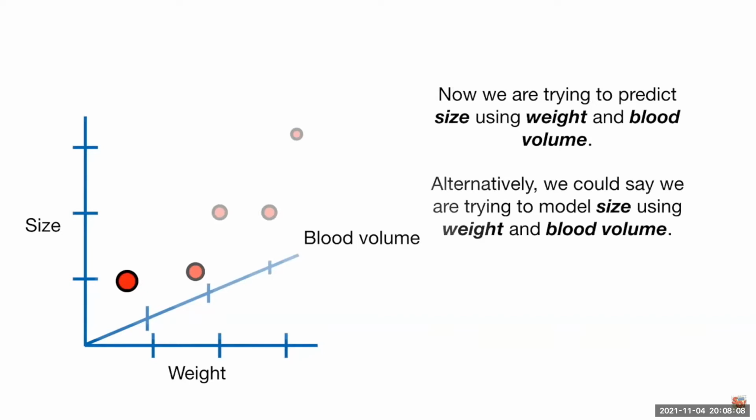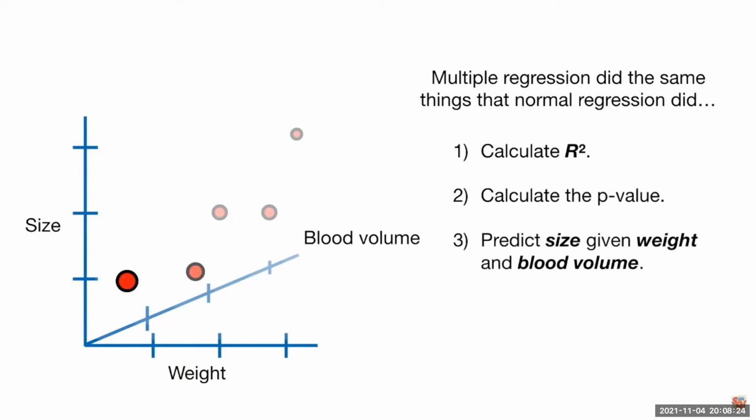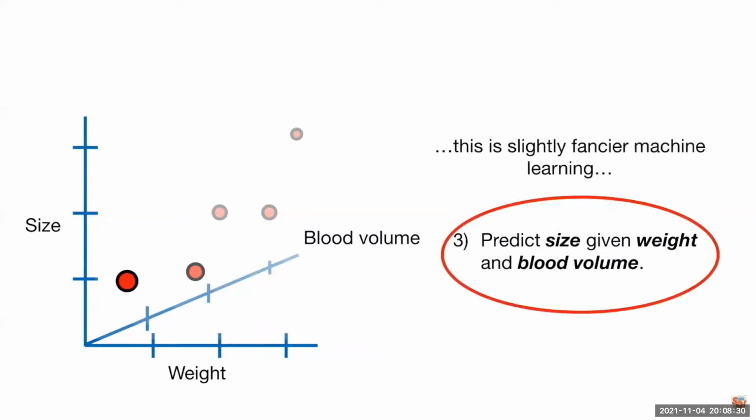Alternatively, we could say that we are trying to model size using weight and blood volume. Multiple regression did the same things that normal regression did. We calculated R squared, and we calculated the p-value, and we could predict size using weight and blood volume. And this makes multiple regression a slightly fancier machine learning method.